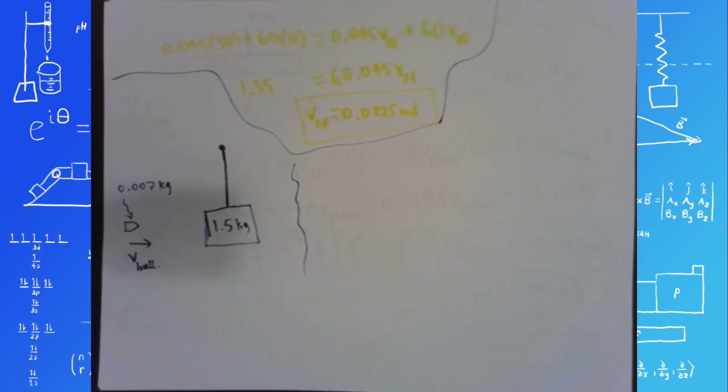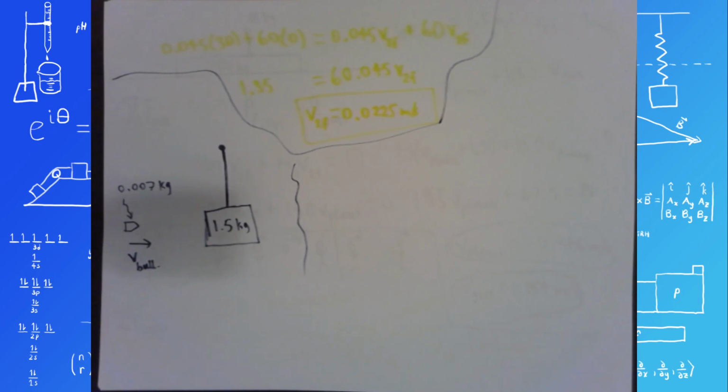Yeah, I guess it would get really, really messy if the bullet was still moving within the block even after the block reached maximum height. But there's no way they would give you something that complicated in this textbook. At least not without giving you some more information, because otherwise you wouldn't be able to do any math with it.